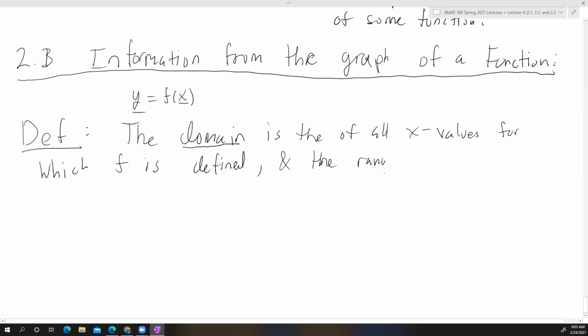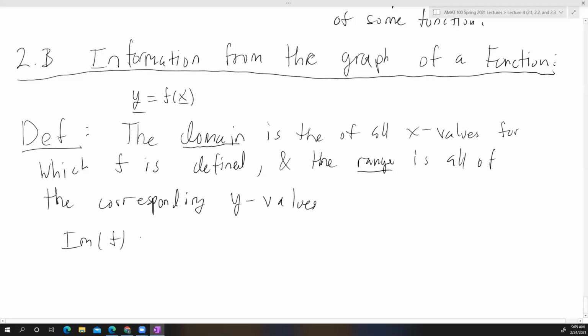And the range, or the image, is all of the corresponding y values. And we can actually define this set. So I usually call it image. So image and range are used interchangeably.